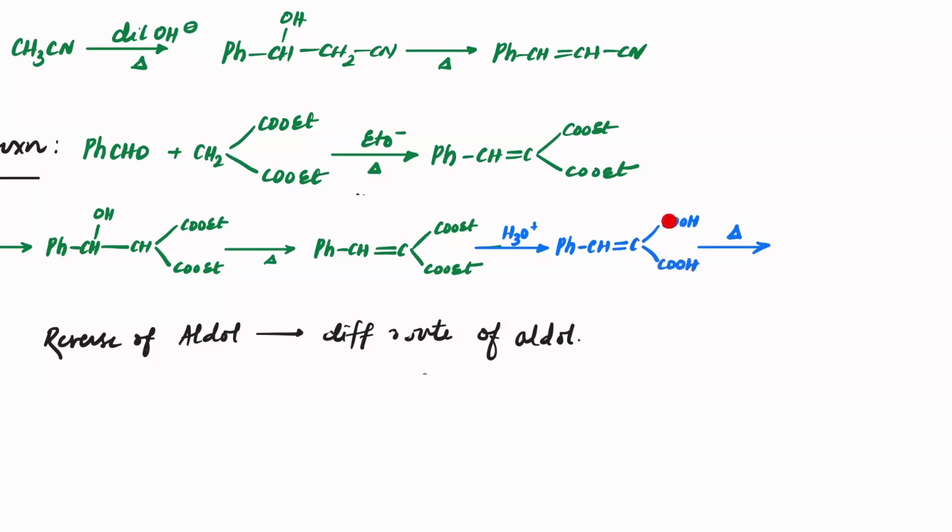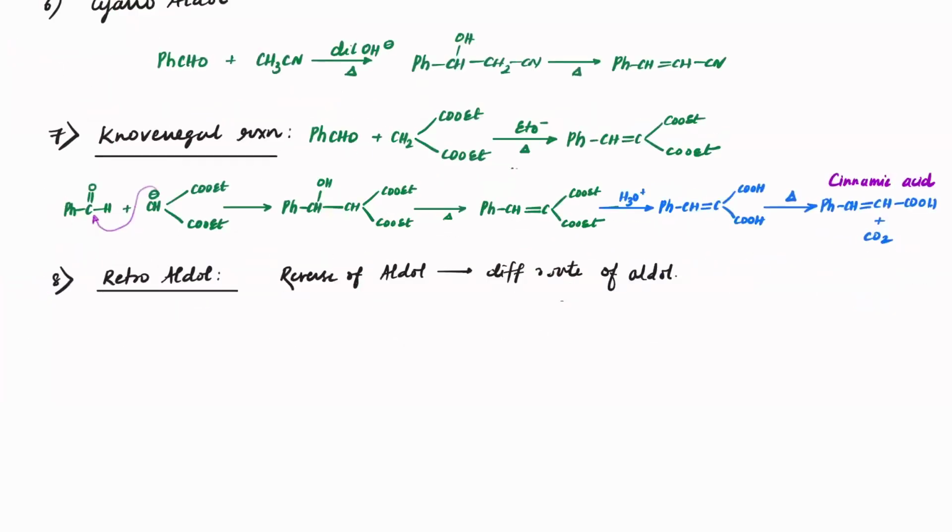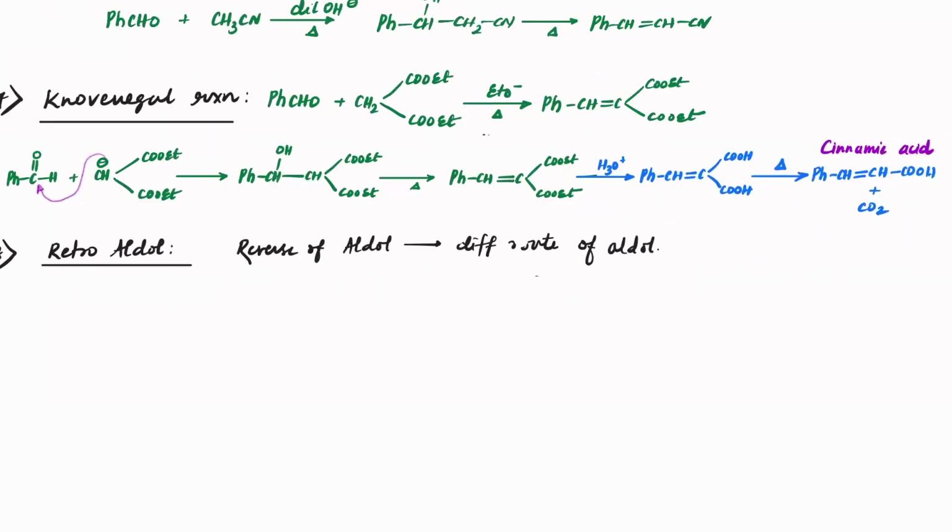At beta position, if you have two acids, it will get decarboxylated. So you will get Ph-CH=CH-COOH plus CO2. The product we got here is cinnamic acid. So to make cinnamic acid, you can use this reaction. Clear? This is Knoevenagel's reaction.